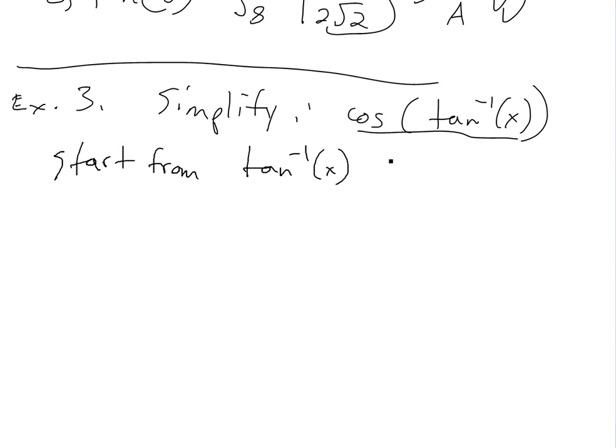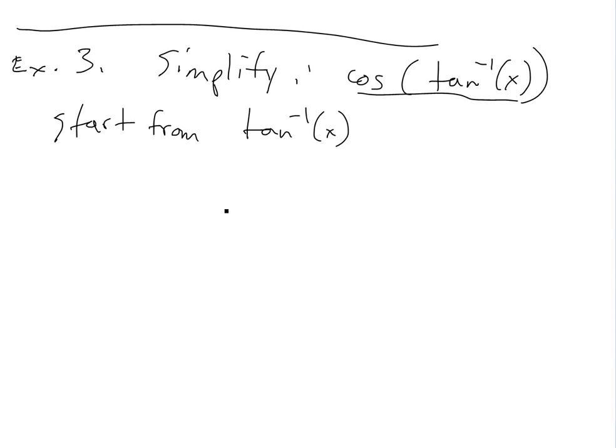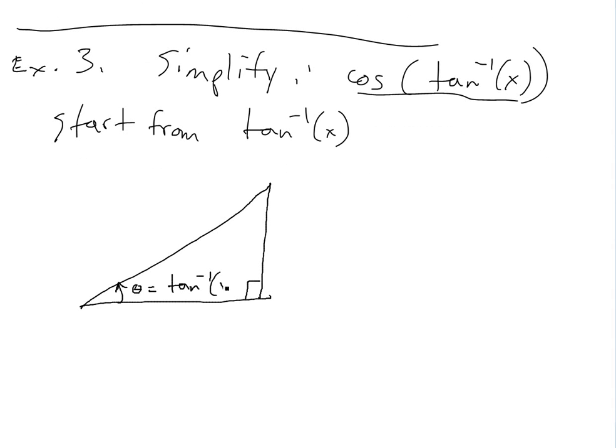So what you can do here is just draw this. You know that this gives an angle, so let's call it theta. Tan is opposite over adjacent, so x over 1, which equals x. And if we use the Pythagorean theorem, you can see my other video on the proof of this, the hypotenuse is the square root of x squared plus 1.